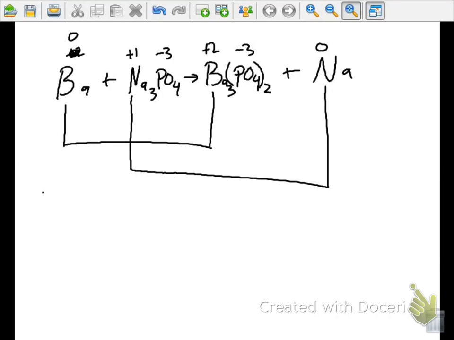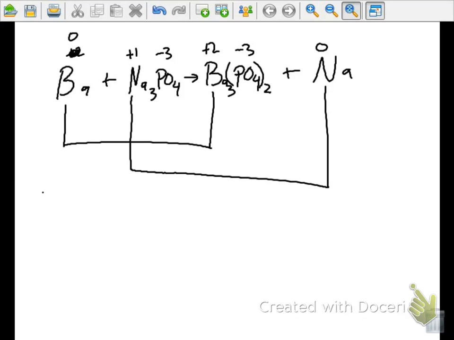Okay, so what is going to be oxidized, which one's going to be reduced? Which one's reduced? Na plus 1 to 0. Reduced. It gets lower in value, right?